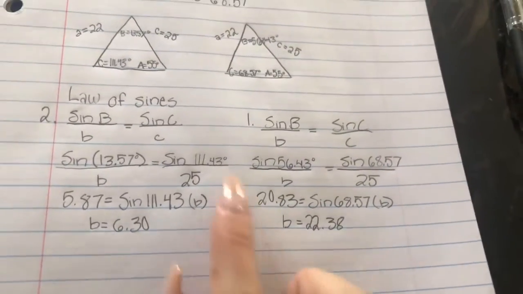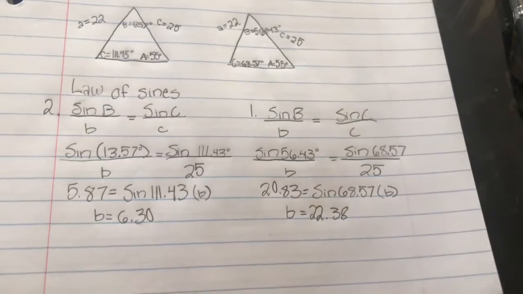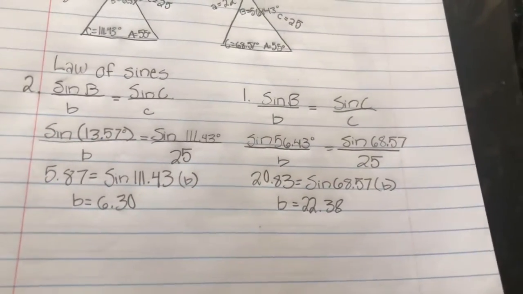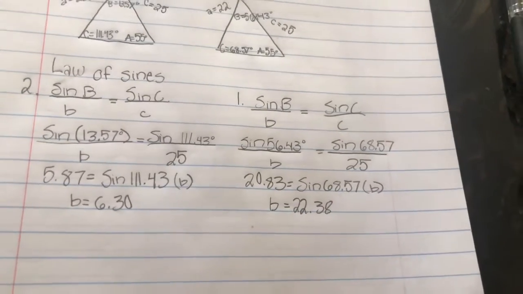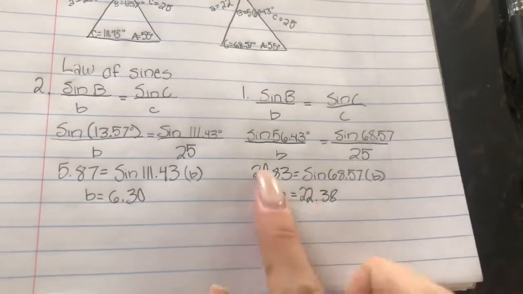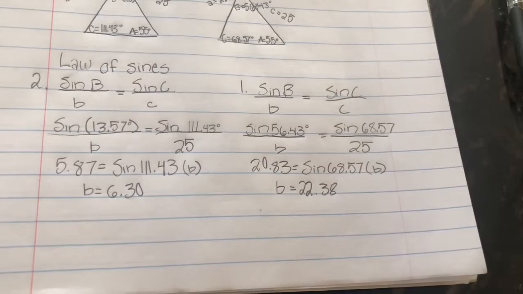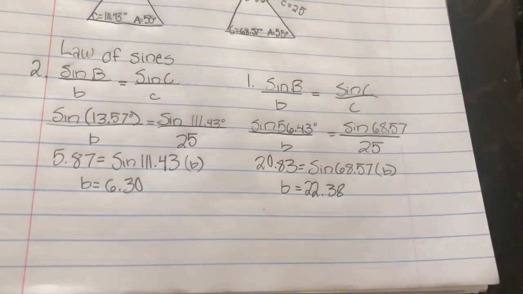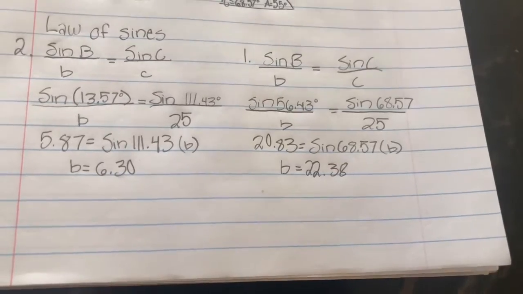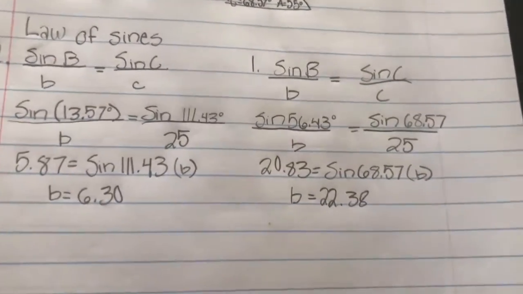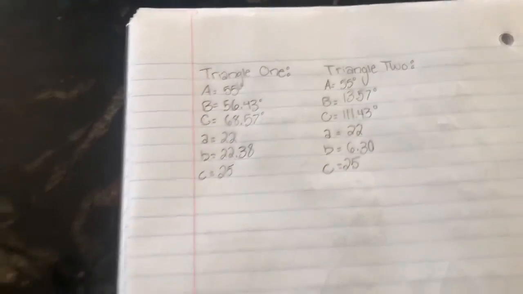So once you cross multiply these numbers, you're going to get that 20.83 is equal to the sine of 68.57 times B. And then once you divide both sides by the sine of 68.57, you're going to get that the side length B is equal to 22.38.